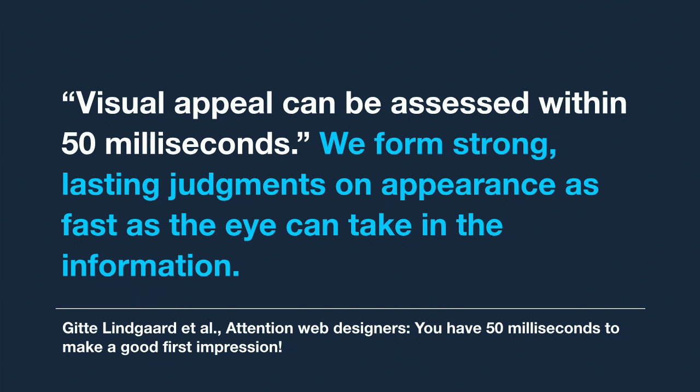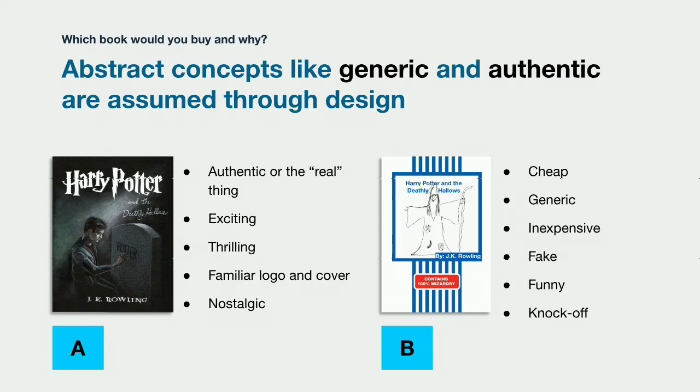There are several studies like this one that conclude that as humans, we make strong, lasting judgment on appearances in less than 50 milliseconds. And then we assign abstract concepts to appearances, like this book appears more generic, or this book appears like the real thing.